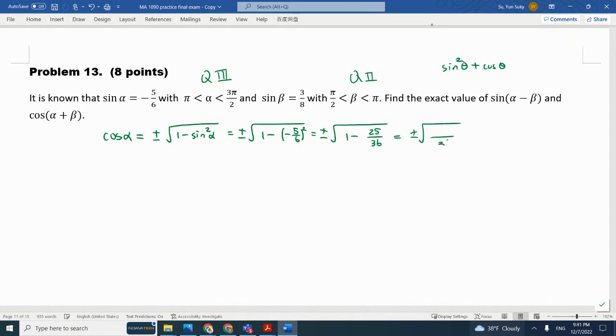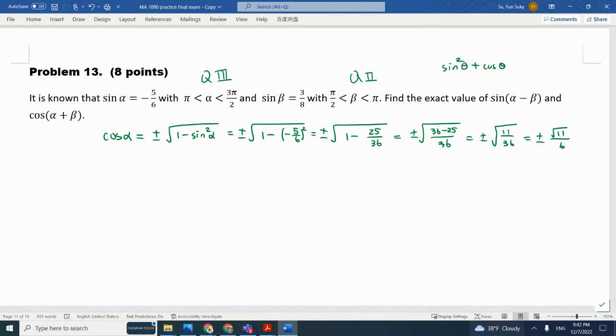So with common denominator 36, 36 minus 25 is 11. So we get square root of 11 over square root of 36, which is 6. Okay, but plus or minus?